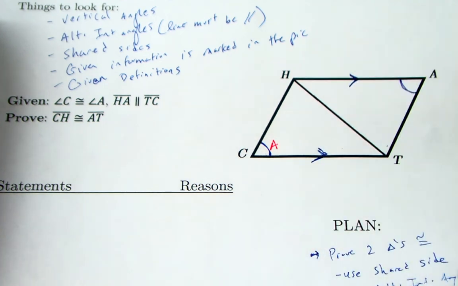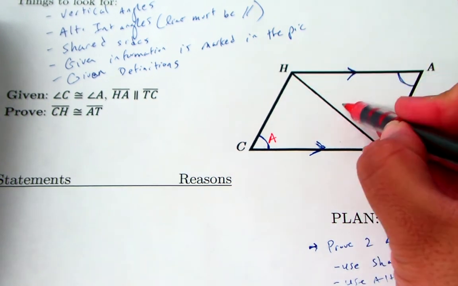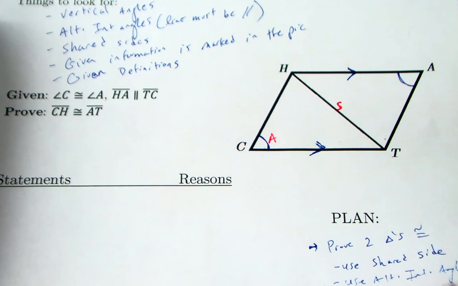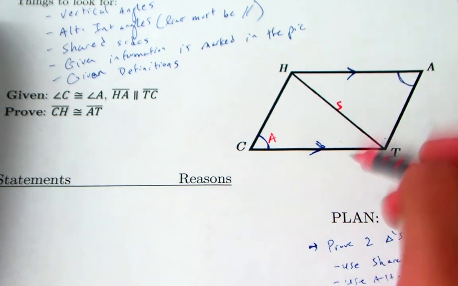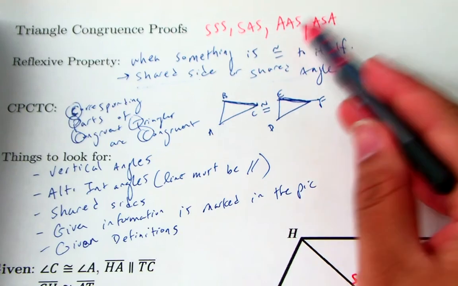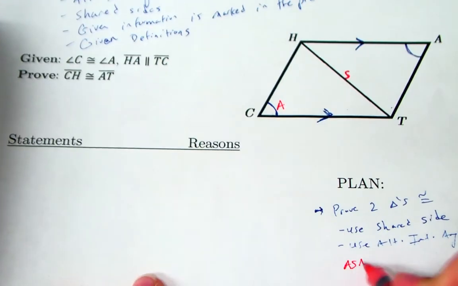And we're planning on using a shared side. So this shared side here is probably going to show up in some form as a side. And we're going to use alternate interior angles most likely because of these parallel lines. So we have two pairs of angles, the given and the one we're going to establish, and the pair of shared sides. So we're probably going to be using either one of these two. So at this point, it looks as though this problem is either going to be ASA or AAS.